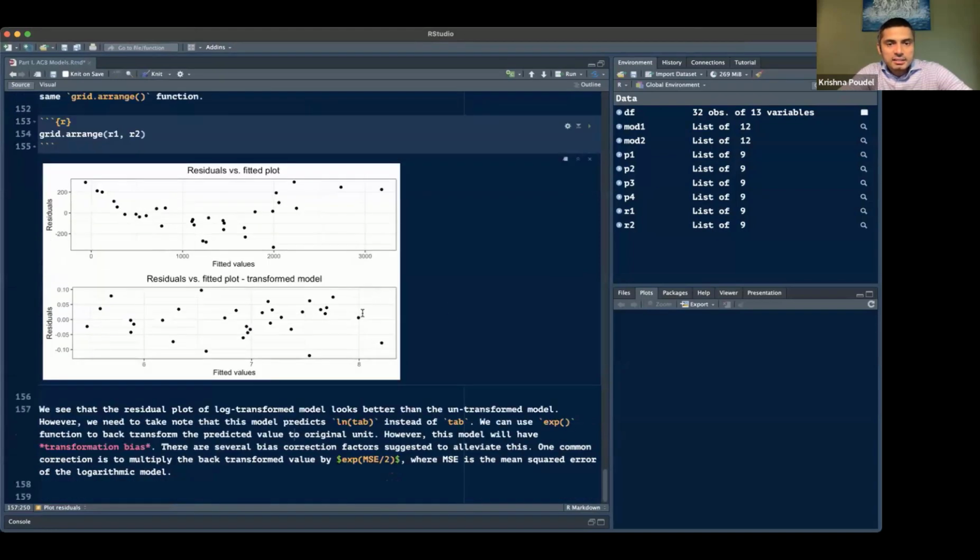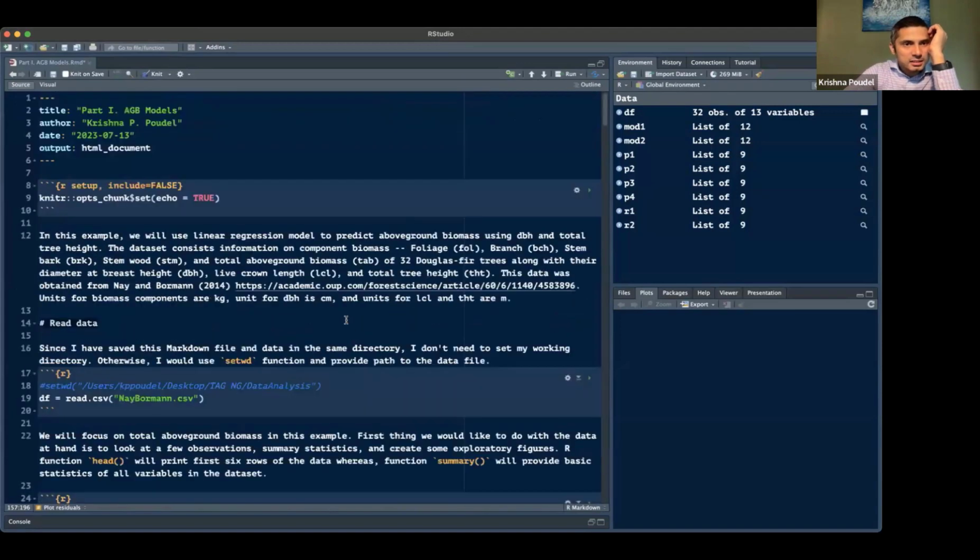Another advantage of using log is that when we get the predicted value, we have to back transform using the exp function. And when you exponentiate anything, it will become positive. So we will not get any negative predicted values from a log model.